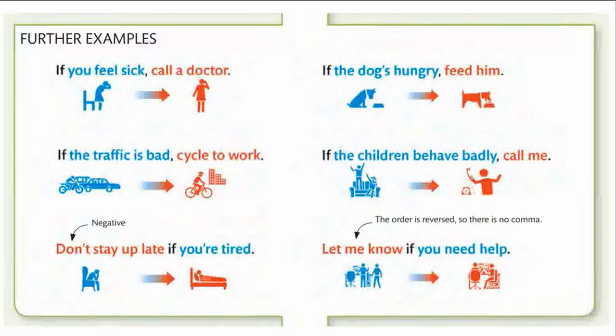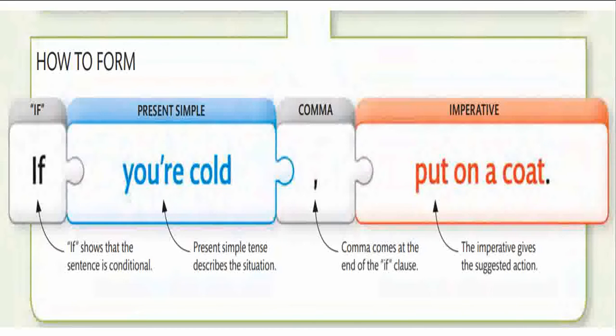At this point, you are requested to construct sentences as per the given samples on the screen. Now let us analyze the structure. The word if shows that the sentence is conditional. Present simple, you are cold, then a comma because this entire clause is a conditional clause.